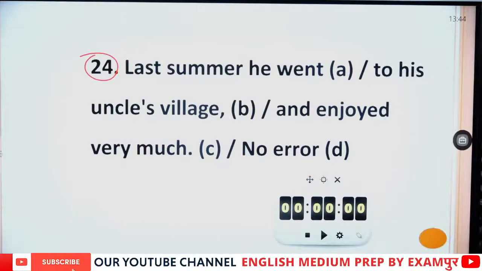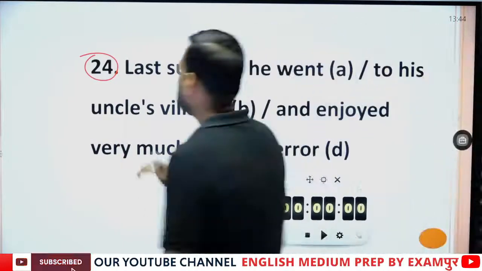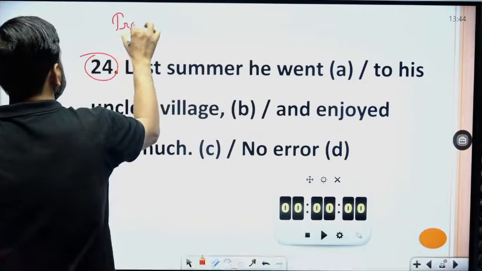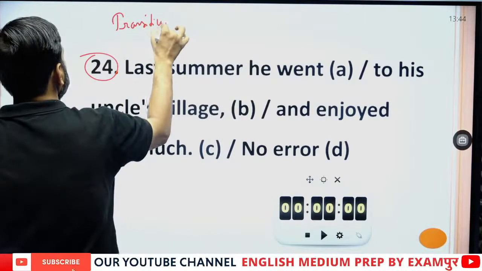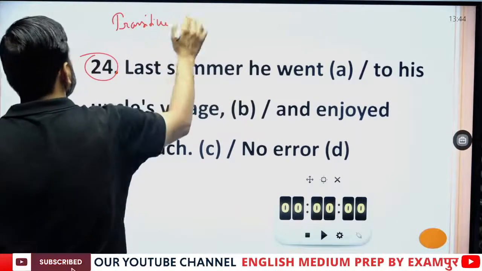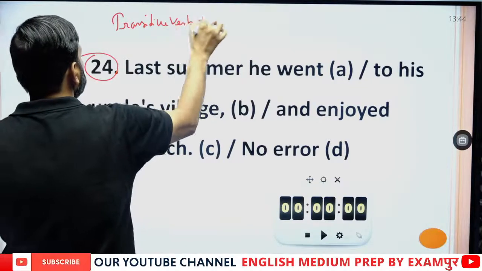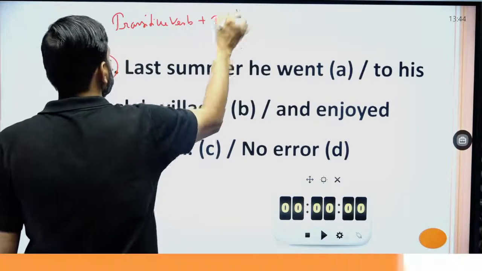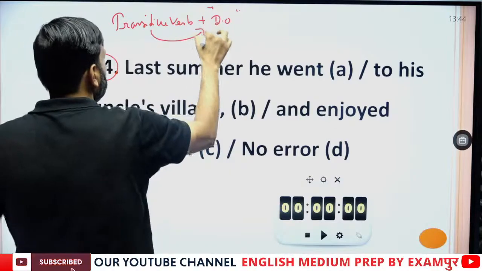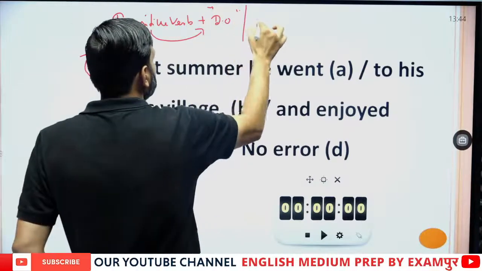See, as I have told you many times, a transitive verb is always followed by a direct object.